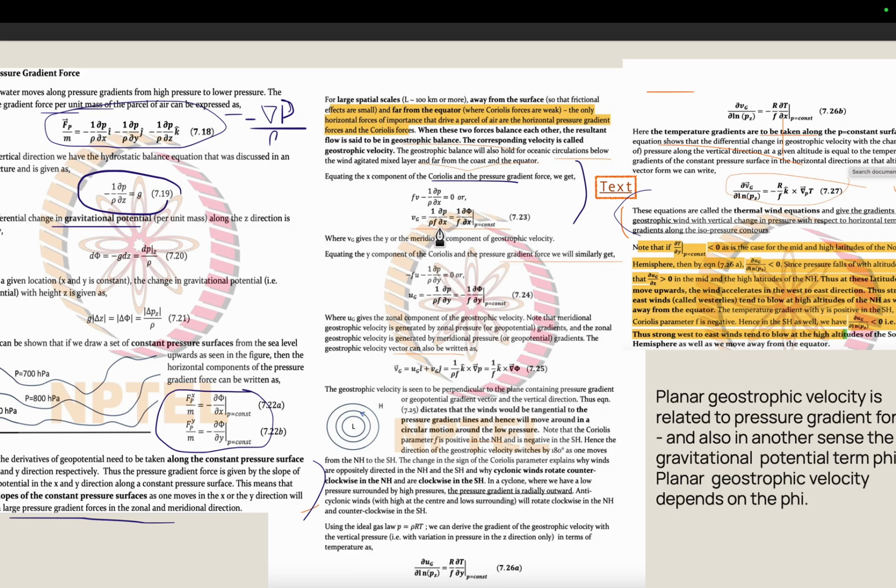These two components then balance the Coriolis force, and this balance is known as the geostrophic balance.